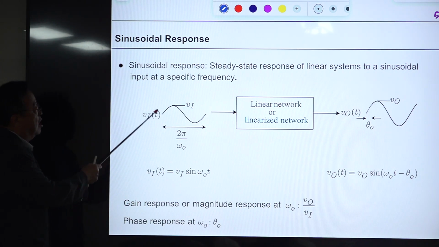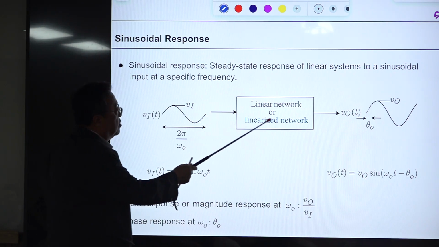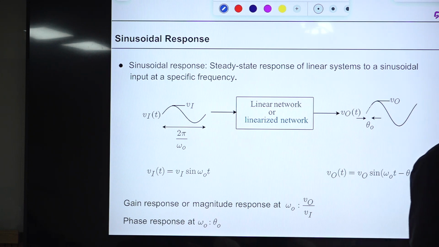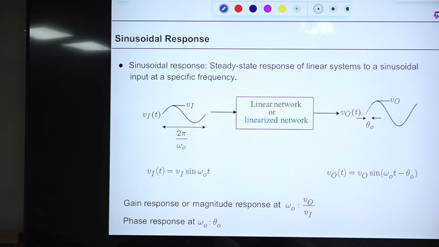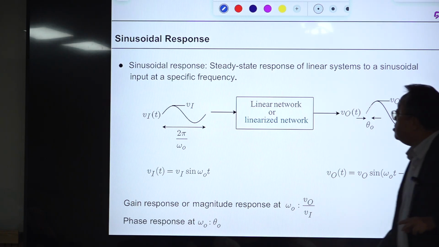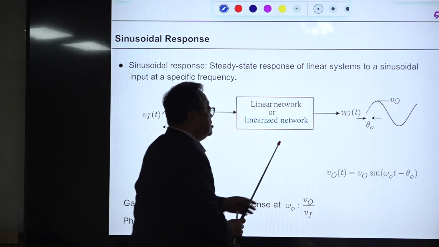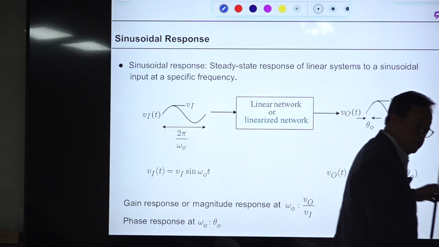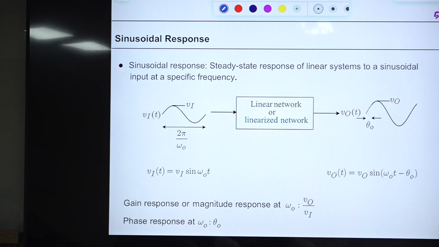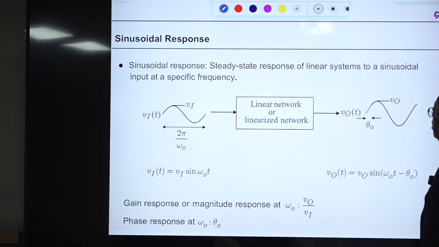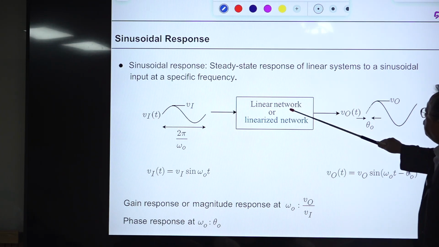So vi(t) is sinusoidal input, then output will be what? Sinusoid. Okay, shape remains the same, and the frequency remains the same, but two things can be changed. First one is magnitude can be changed, and this phase can be changed. All right, so this is the typical way of drawing or explaining the sinusoidal response of linear network.